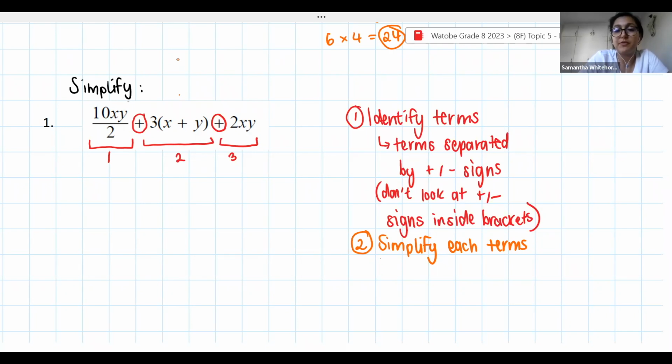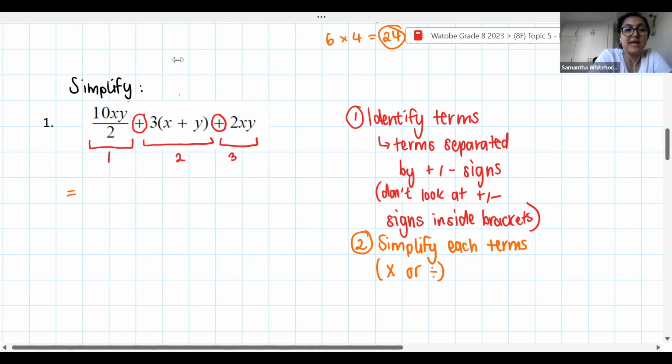So when we simplify each term, what we're looking out for here is multiplication or division. So if I take my first term, I've got 10xy divided by 2. So what I want to do here is simplify that whole situation.